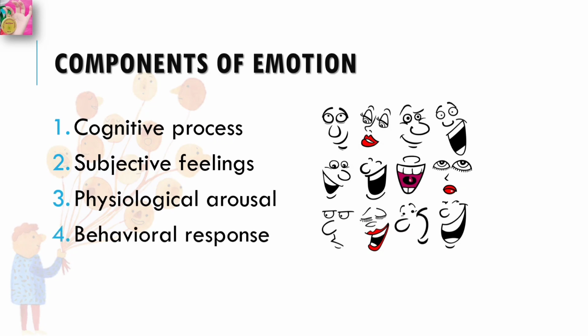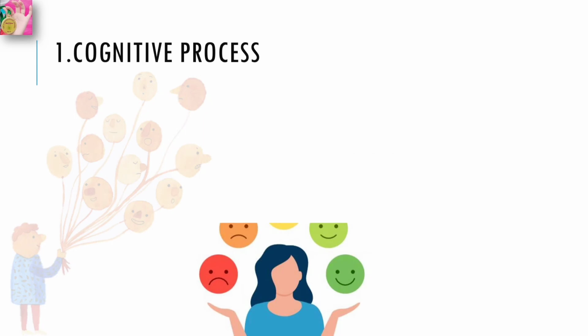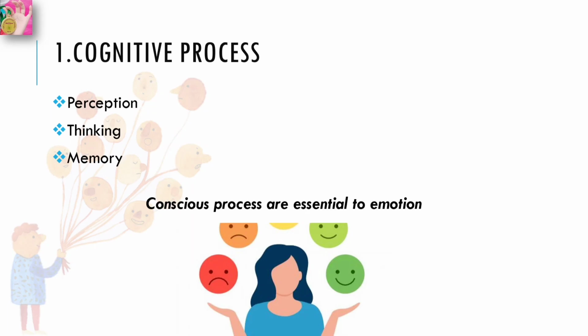These are the 4 components of emotion which we will be discussing one by one. So let's start with the cognitive process. Perception, thinking, and memory are very much involved in emotional expression. So we can say that conscious processes are essential to emotion.